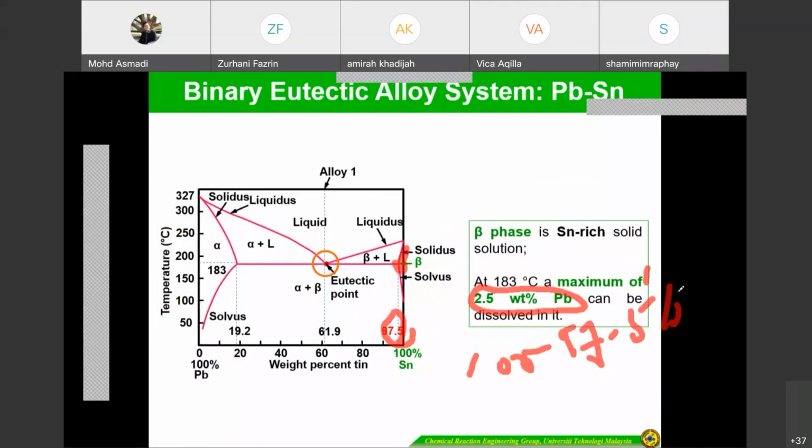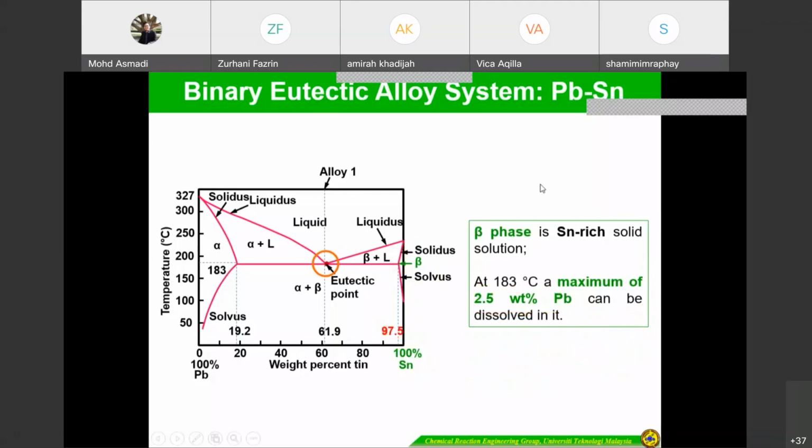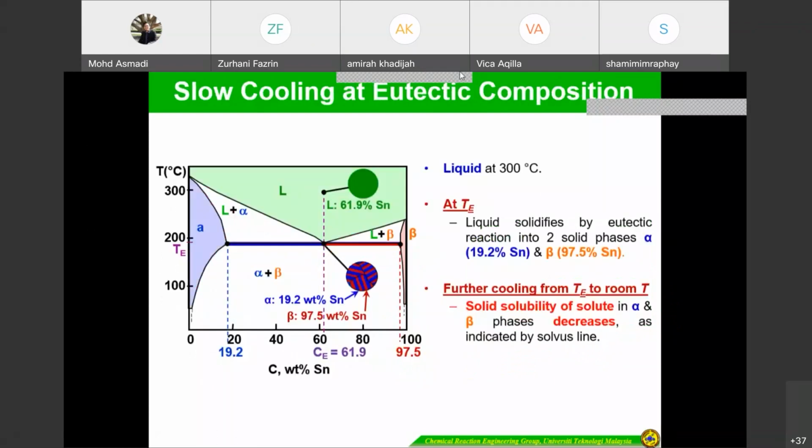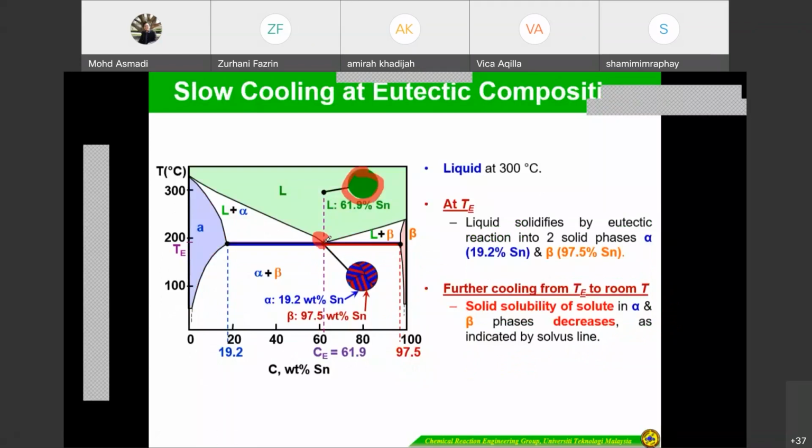When we do this cooling, of course, we have to observe the microstructure. This one is liquid 100%. But here, look, there's alpha and beta.